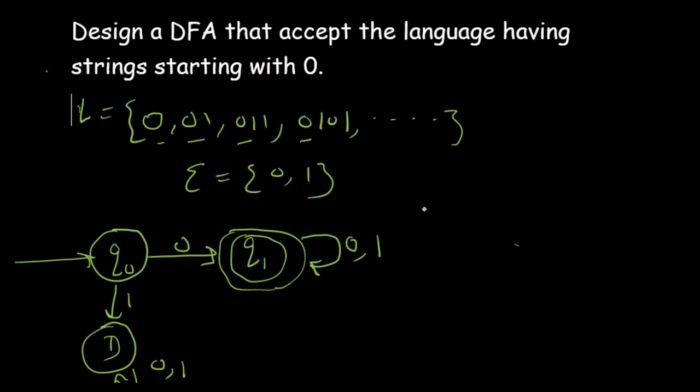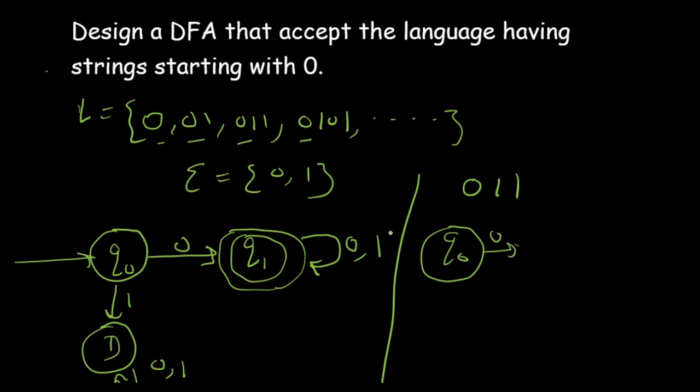Okay, so let's test this machine. First let's test it by giving 0 1 1. We start with state q0, and we get 0 as input. At q0, on 0 as input, we will reach state q1. After that we have 1.